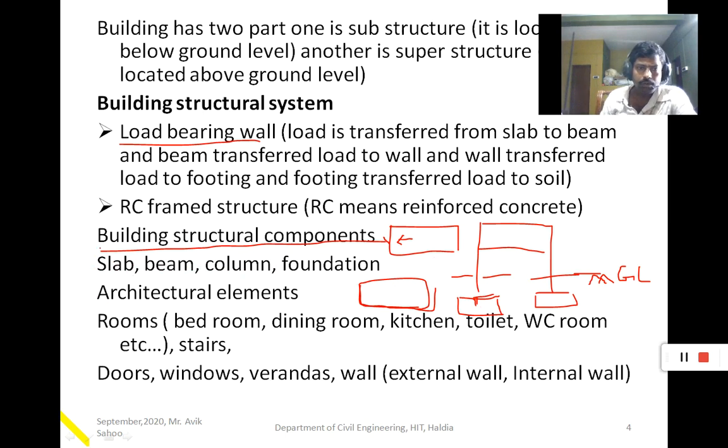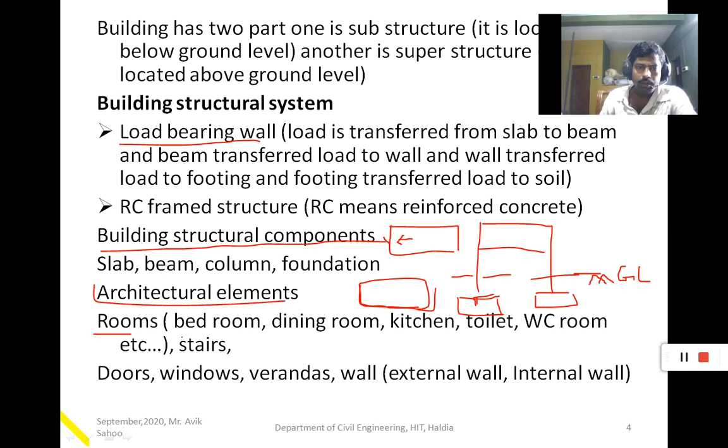Now, those are the structural elements, structural components, whereas the architectural components are different things. The architectural items in buildings are rooms, these are different rooms. When we make a plan, in the building the different rooms are made.